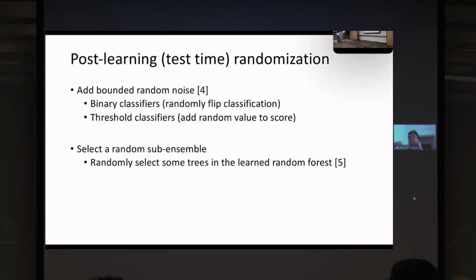And this definitely confuses the attacker because the result is wrong. With a threshold classifier, you do something similar: you add a random value to the score, and then you have the wrong classification. It's true that this adds good randomness to the system, but what you pay here is accuracy, because of course the accuracy decreases.